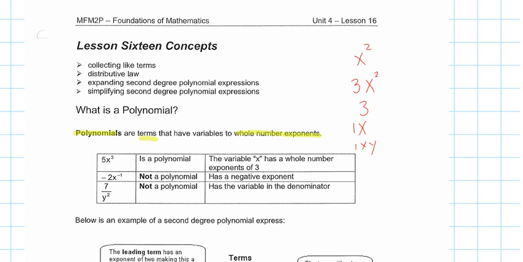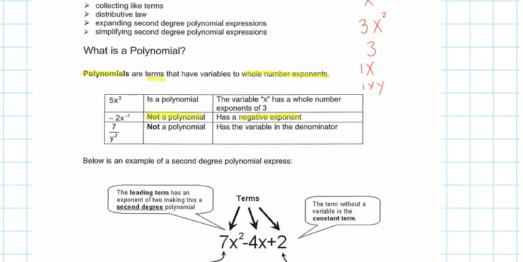This one. Why is this not a polynomial? 2x to the power of negative 1. Negative, right? If you have a negative exponent, it is not a polynomial. Okay? And here, that's the same thing as writing 7y to the power of negative 2.